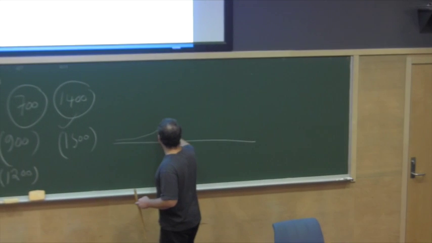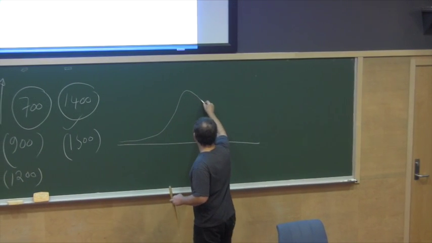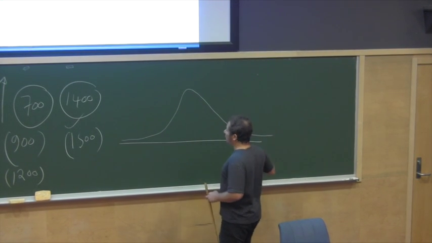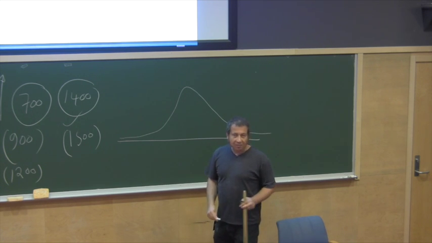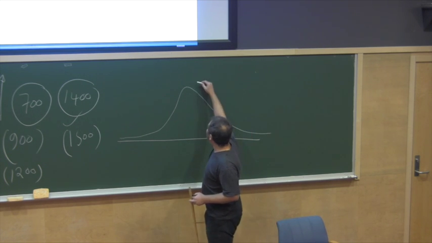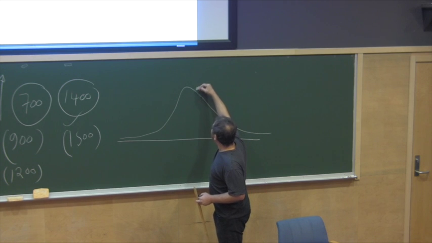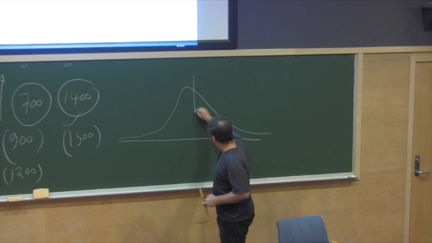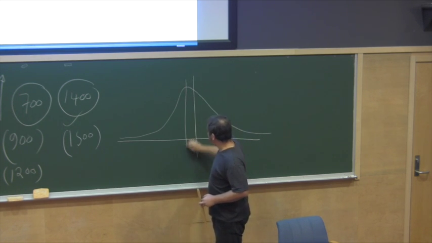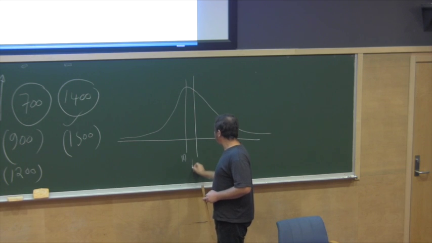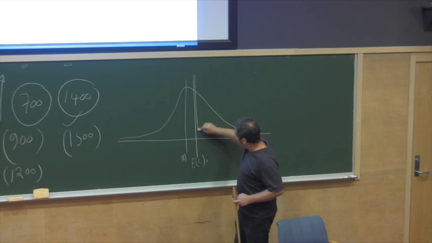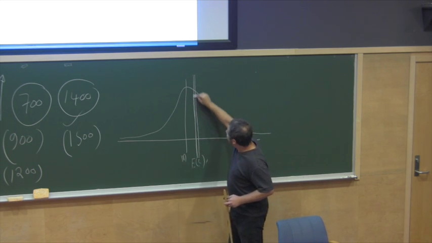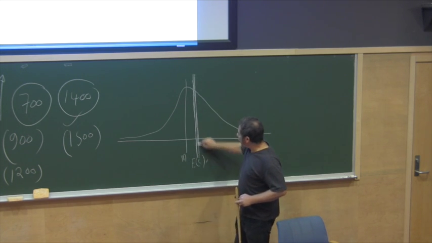It's usually like this. It's not symmetrical, right? The normal is not symmetrical. So we try to find out where is your expected value. This is your most likely, and this is your expected value.